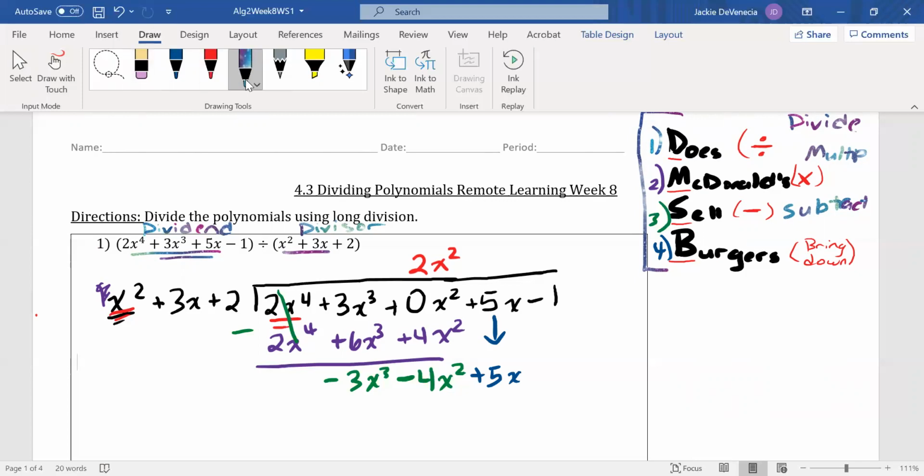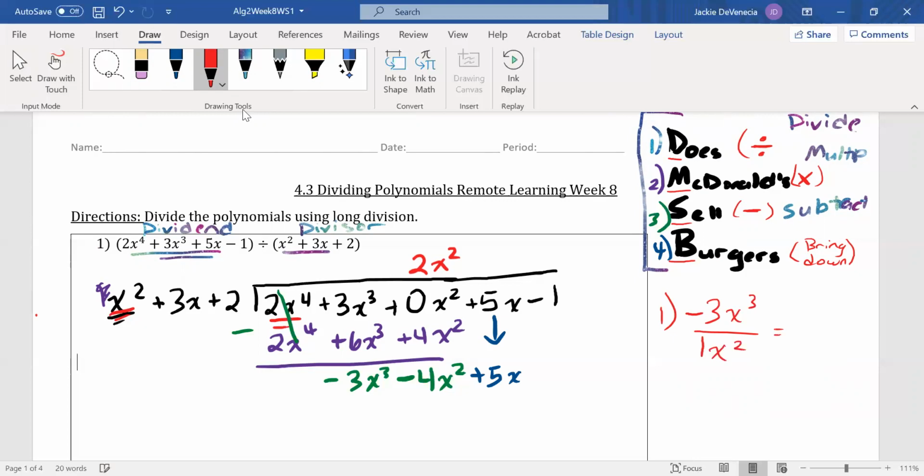So let's start with our divide. We're back to our step 1, which is divide. We're going to take the first term, again, we're dividing it by the second term down here. So we're going to be doing negative 3x cubed divided by x cubed.